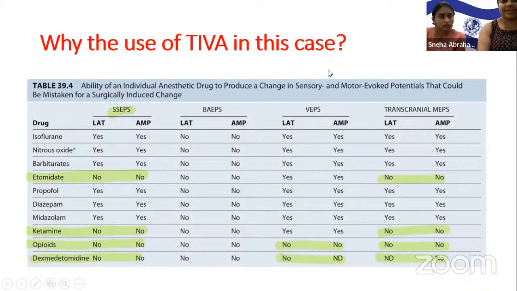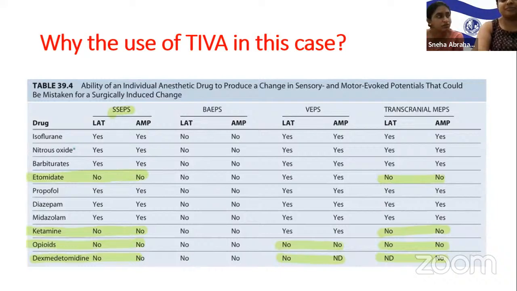Then agents such as etomidate, ketamine, opioids, and dexmedetomidine cause no or minimal changes in the sensory and motor evoked potentials. Propofol also causes minimal changes in the sensory and motor evoked potentials. Inhalational agents, when used at a higher MAC, more than 1 MAC, cause significant changes in the evoked potentials, whereas they can be safely used at less than 0.5 MAC, where they cause minimal or no changes in the evoked potentials.